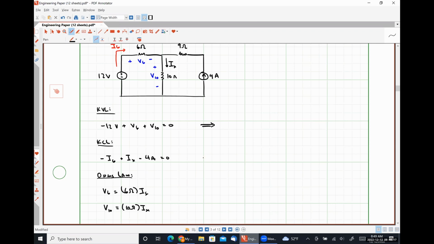Substituting those relationships into our first equation, we get 6 ohms times I6 plus 10 ohms times IX is equal to 12 volts. In our second relationship, we're going to have I6 plus IX is equal to 4 amps.